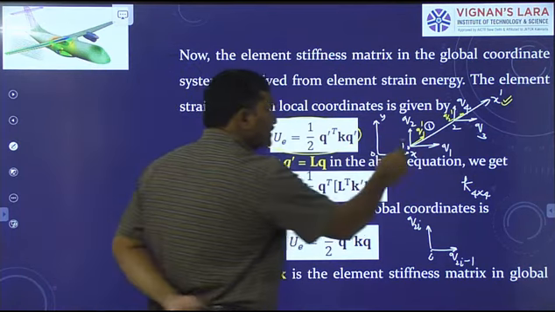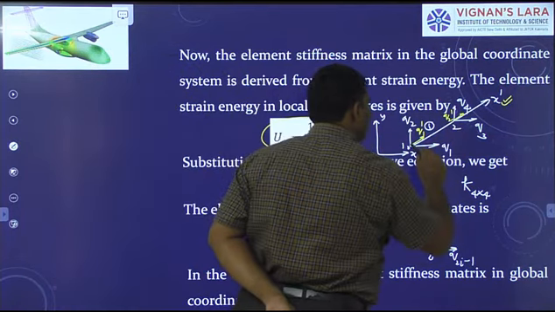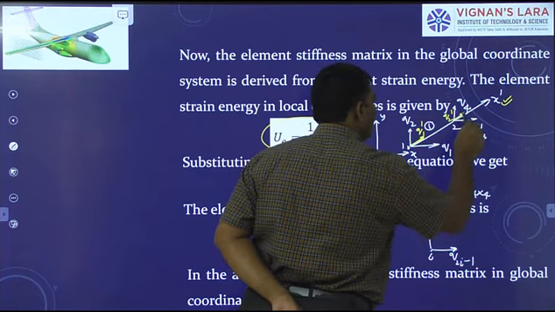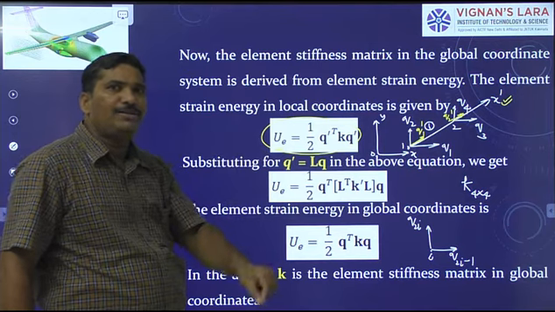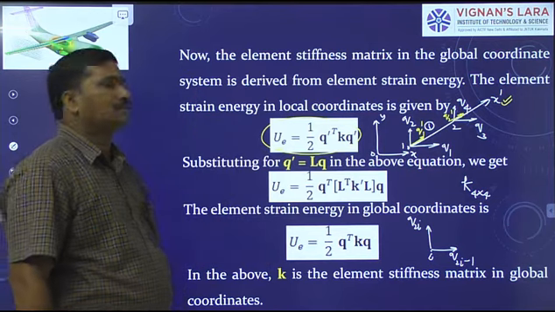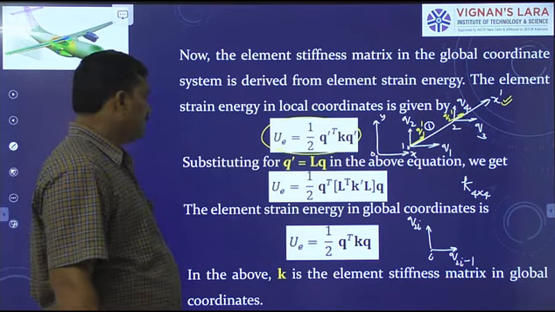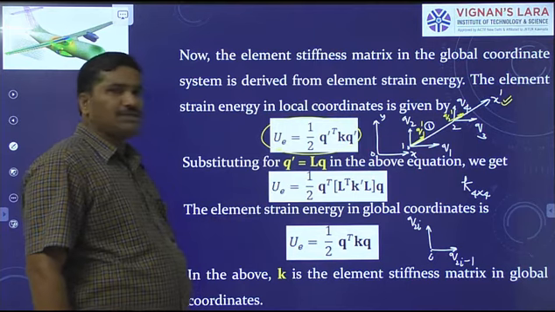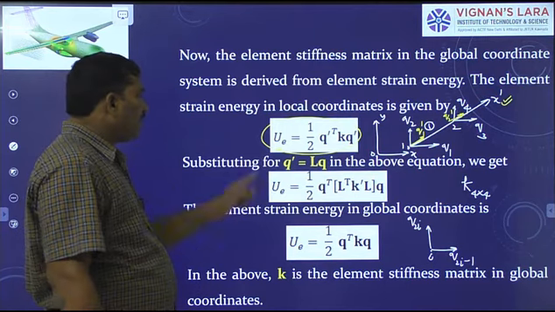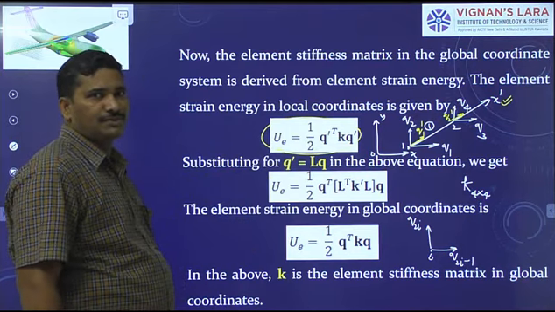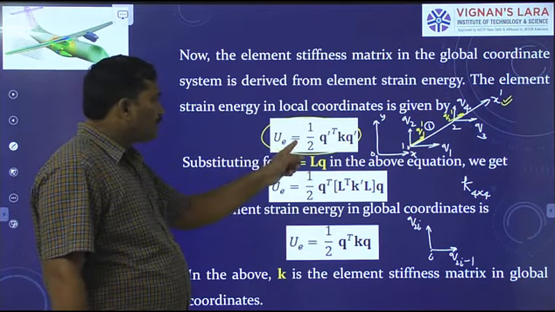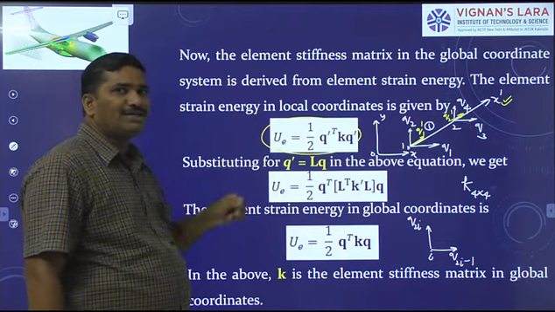Because the behavior of this element with respect to local reference frame is appearing as the behavior of a 2-noded line element, 2-noded bar element, I write like this. The element strain energy equals half into Q dash transpose. Now, to write Q dash transpose, you must see what Q dash is.